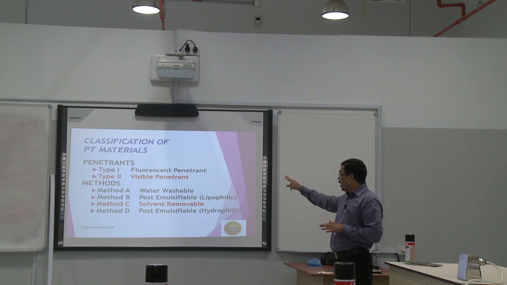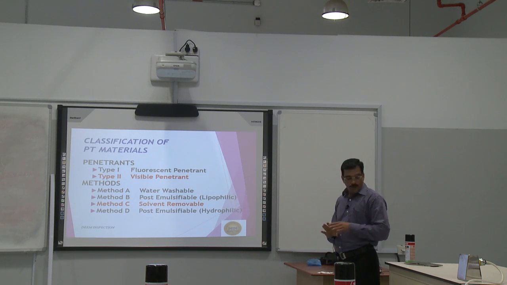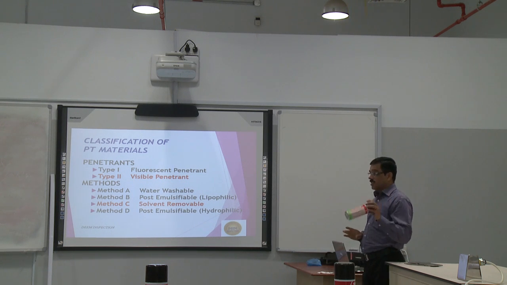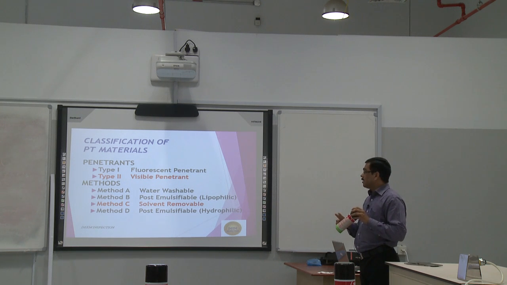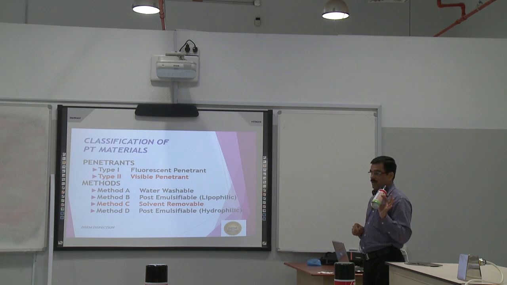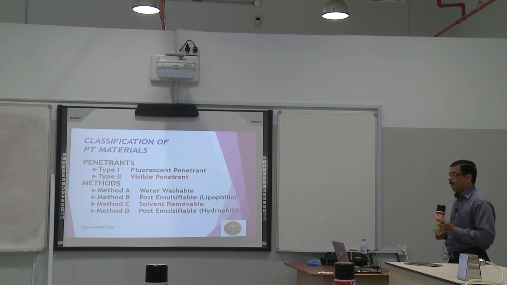Commonly we use either water washable or solvent removable, method A or method C. So this one is our method C, type 2 method C: the visible solvent removable penetrant method. This is the method we are going to use.